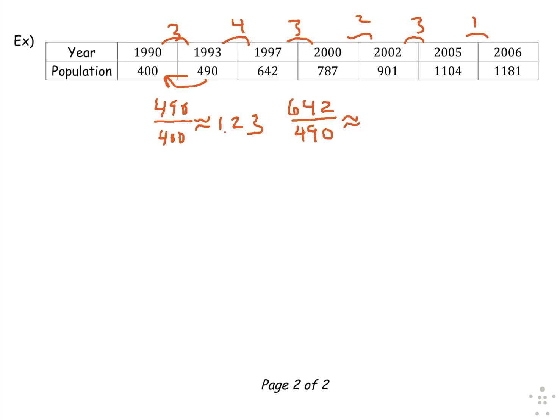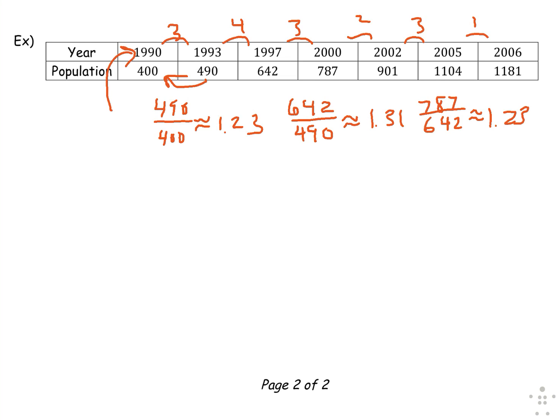So this next ratio gives about 1.31. All right, I'm in the vicinity here. So let me do one more. So 787 divided by 642. 1.23. I'm buying. Okay, let's try exponential and assess the r-squared value.